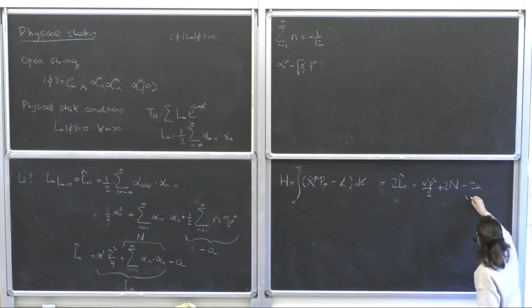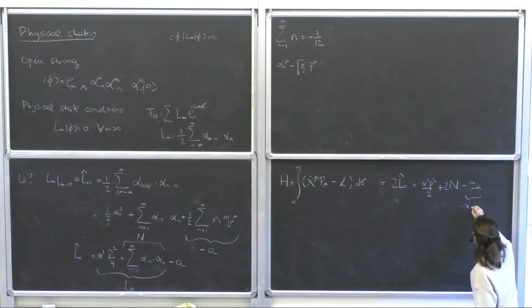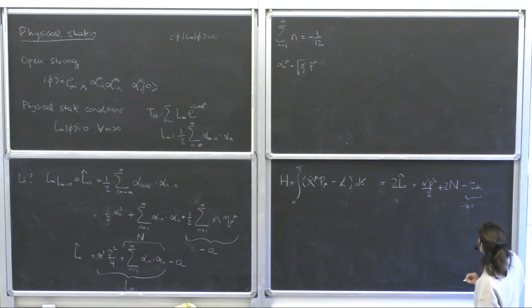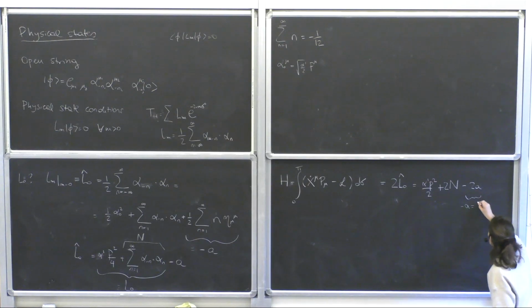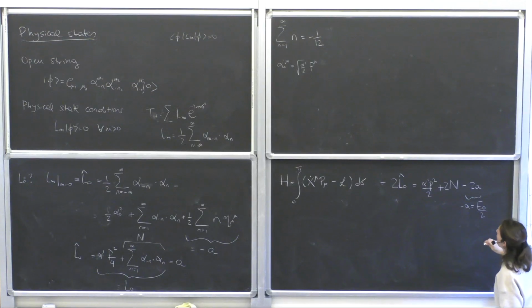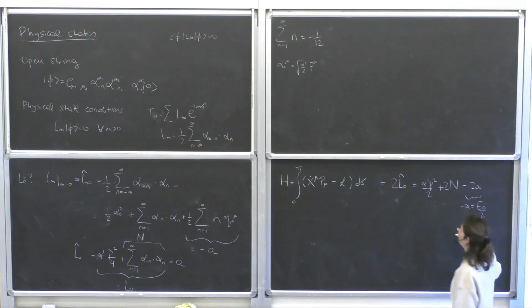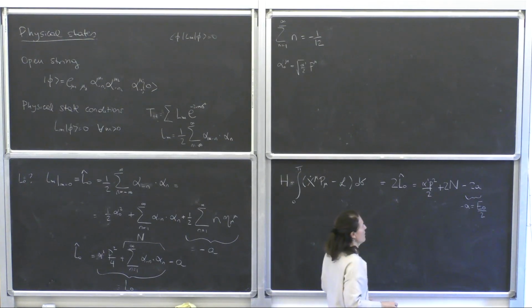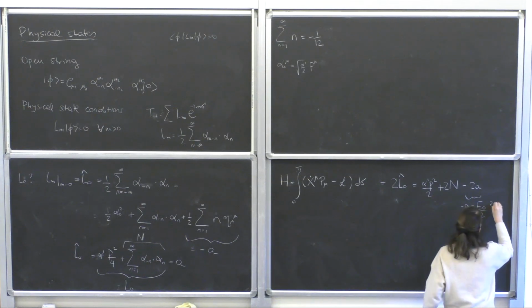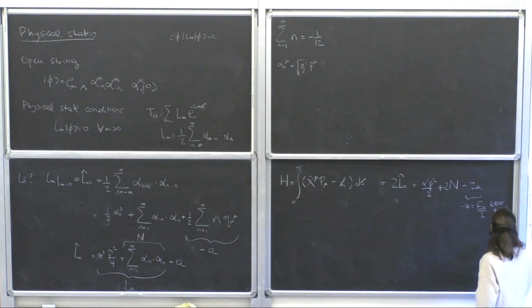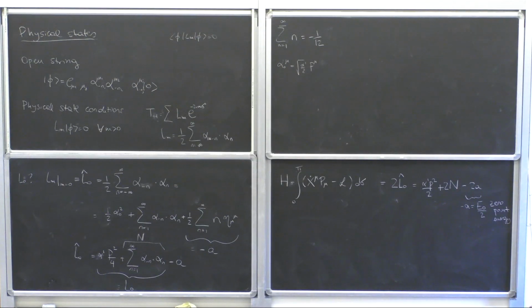But this minus a, you see that this is a 0-point energy, so what we call E0 over 2. So it's the 0-point energy of the quantum vacuum, this minus a.